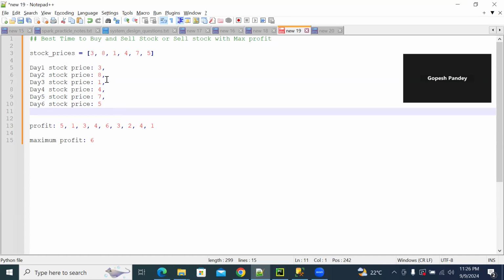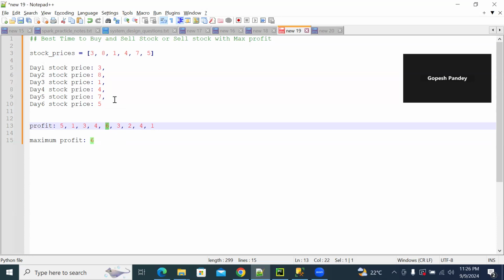Now here, day 3, you have got the stock price 1. So if you are buying stock on day 3 with 1 rupee, and if you are selling your stock on day 5 with 7 rupees, then you are ensuring a profit of 6. So this is what you are writing here.